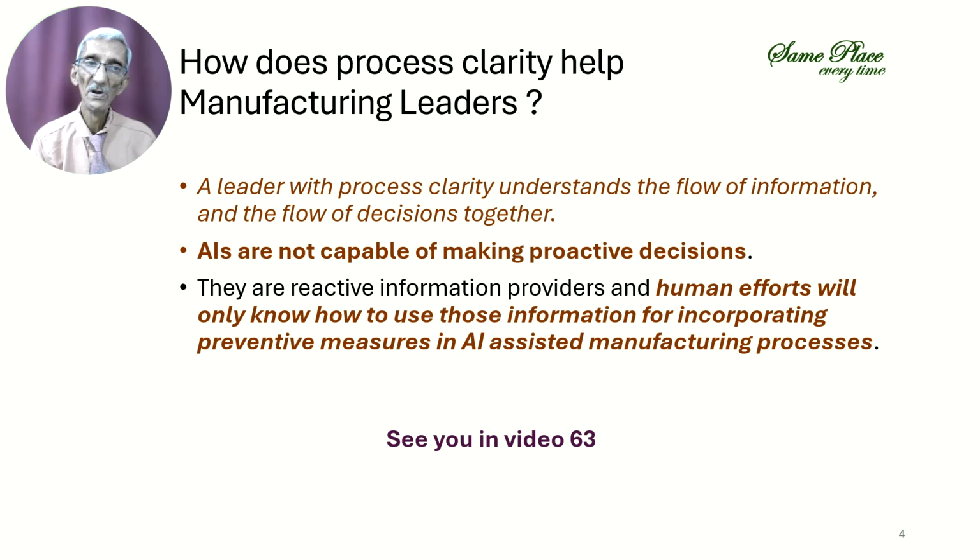As I told you earlier, AI is not capable of making proactive decisions. Only human efforts will know how to use that information for incorporating preventive measures in AI-assisted manufacturing processes. Okay, this is what is known as process clarity.